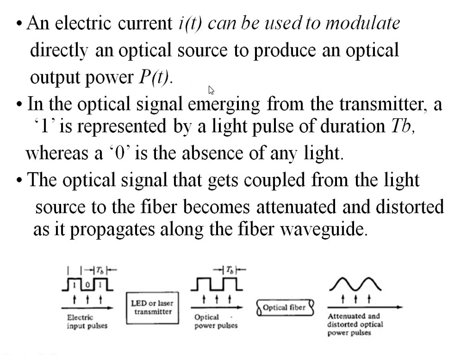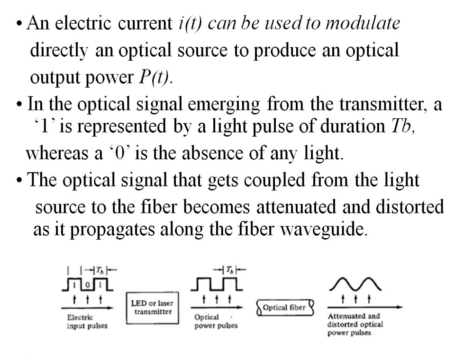In the optical signal emerging from the transmitter, a 1 is represented by a light pulse of duration Tb, whereas a 0 is the absence of any light.